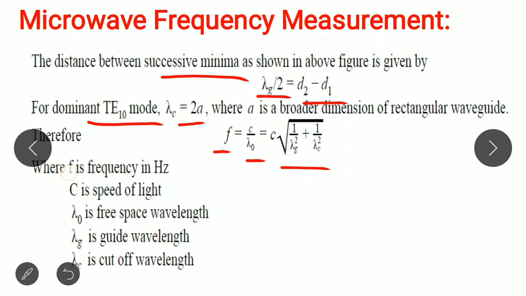Here f is the microwave frequency in hertz, c is the speed of light, lambda 0 is the free space wavelength, lambda g is the guide wavelength, and lambda c is the cutoff wavelength. From this we find the value of frequency.